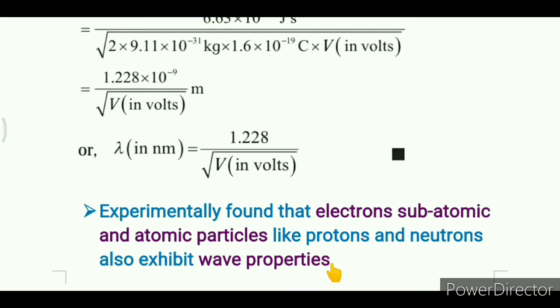Matter or moving particles exhibit particle-like nature and also wave-like nature when the particles are in motion.